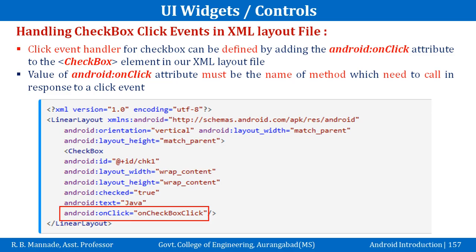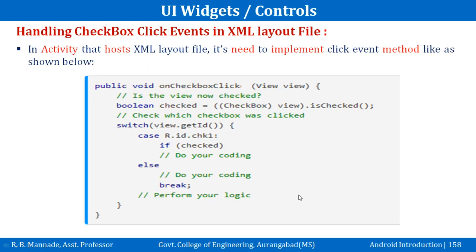right? So once we have defined the onClick attribute in the XML layout file, the next step is the activity that hosts that particular XML layout file. The developer needs to implement a click event method as shown in this code snippet.